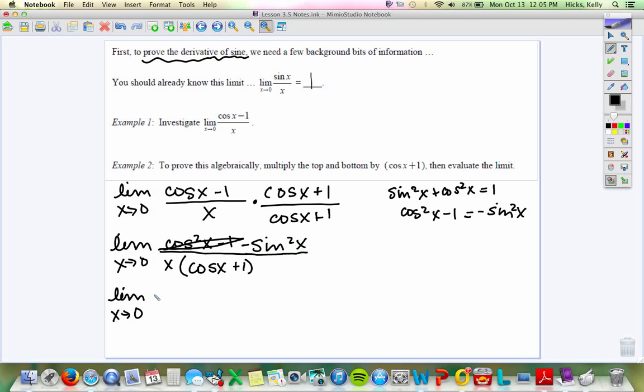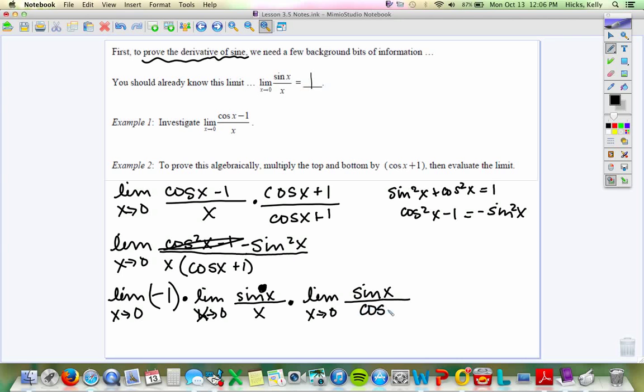So I'm going to have the limit as x approaches 0 of negative 1, that's my negative sign here, and then the limit as x approaches 0 of sine x over x, so that's one of the sines here over this x, times the limit as x approaches 0 of sine x over cosine x plus 1.